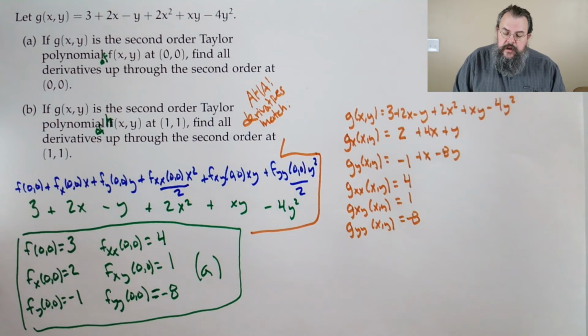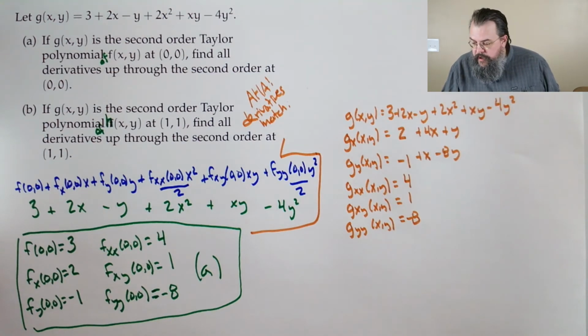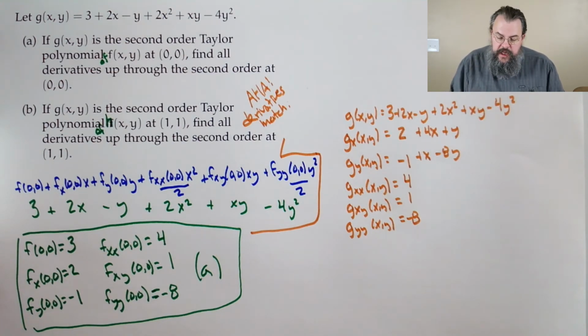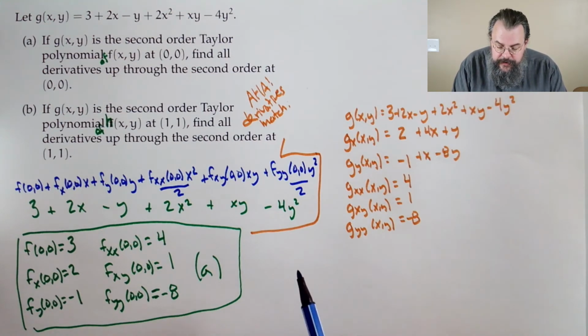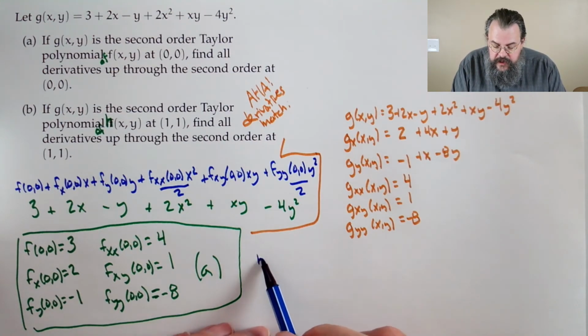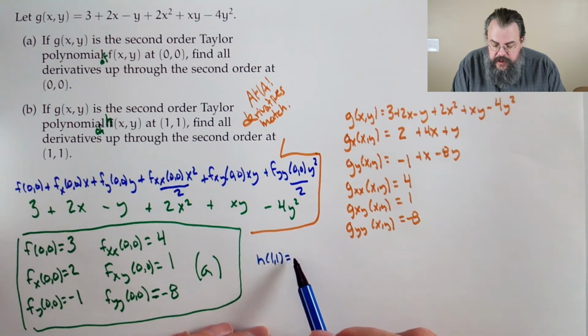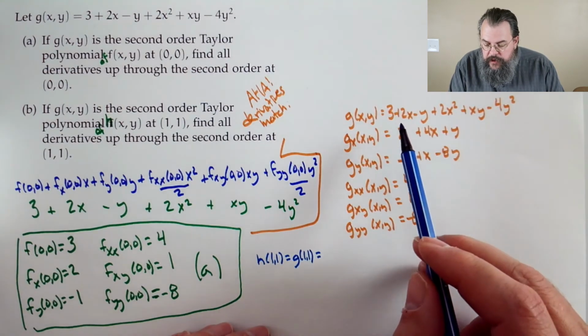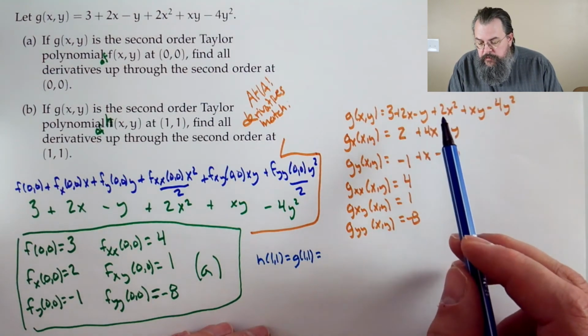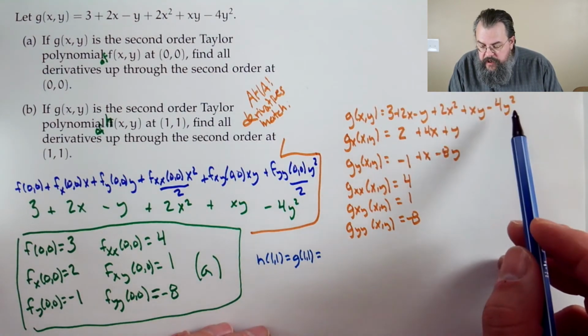And now, here's the last part, part B. So for part B, we say the following. We say, look, our derivatives match, so h at 1, 1 equals g at 1, 1 equals, well, okay, 3 plus 2 minus 1 plus 2 plus 1 minus 4.